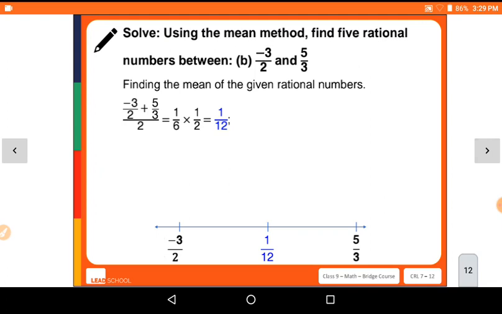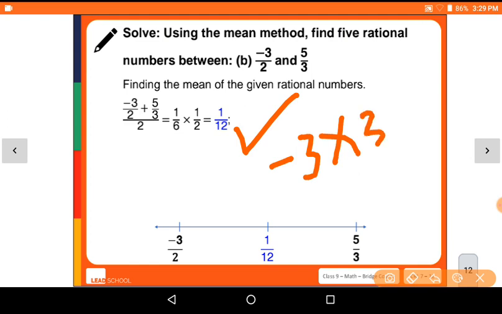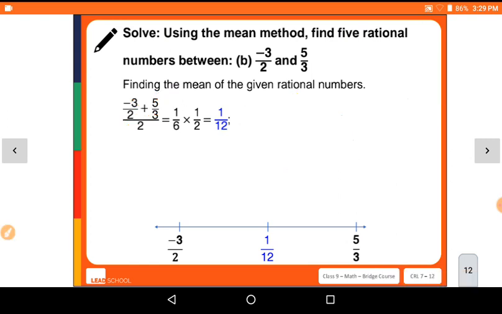So that's why we got 1/12. How do you multiply -3 into 3? You know how to do it. -3 into 3 is -9, because here we cross multiply. And 5 into 2 is 10. So -9 plus 10 is 1. Similarly we get 6 into 2, so that's why 1 into 12.